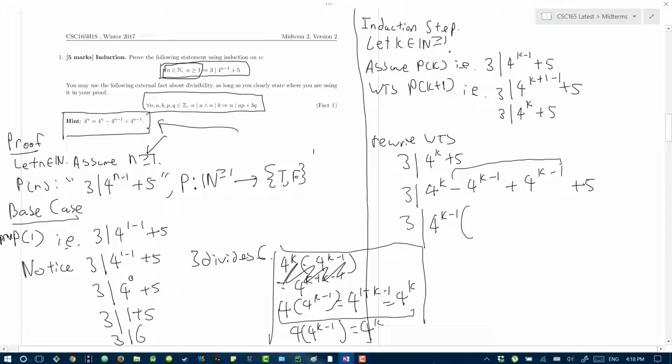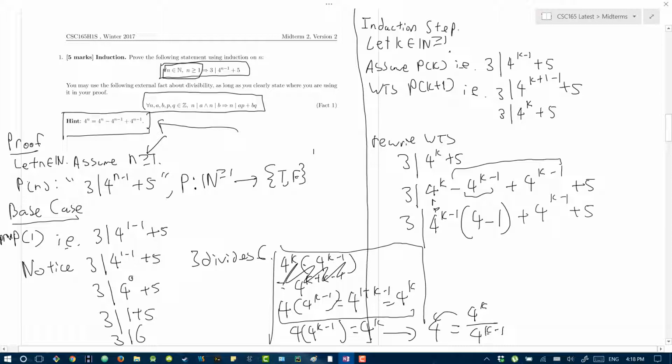Okay, so then if we were to take 4^(k-1) out from 4^k, so we rearrange this to be 4^k divided by 4^(k-1), then we know it's equal to 4. Thus, by taking this out from this, we get 4. And then this becomes 1. Okay, and now we have something quite helpful.